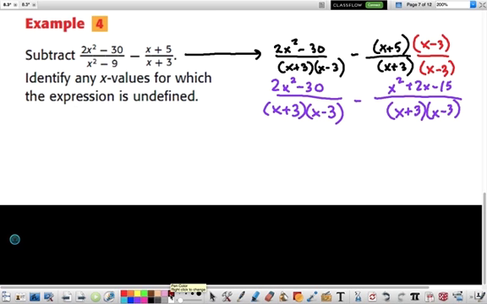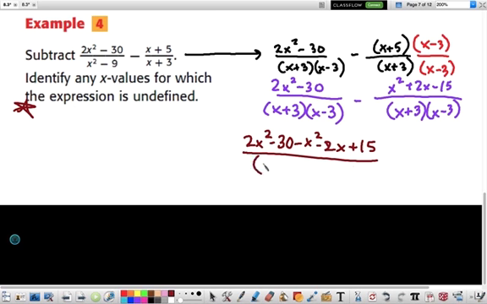I want you again to star this problem because a lot of you are going to make this mistake and not distribute the negative. Each of these are going to switch signs on this side. 2x squared minus 30 minus x squared minus 2x plus 15, all divided by that.